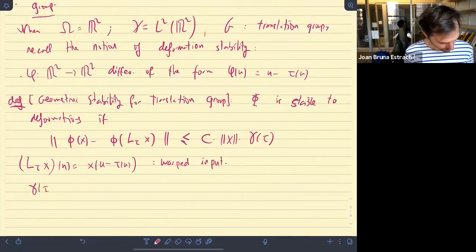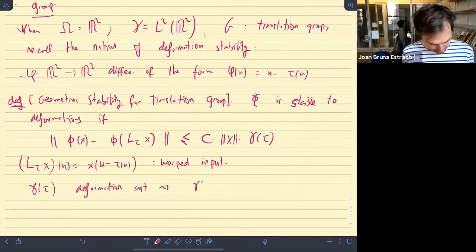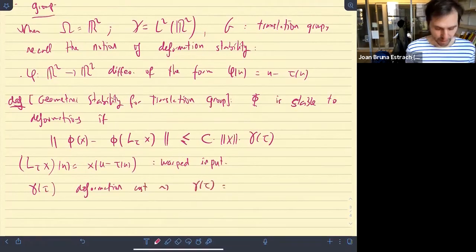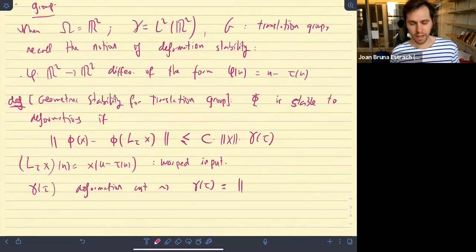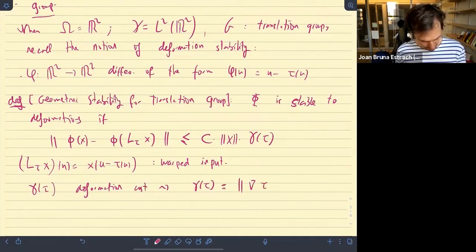And this deformation cost, we illustrated how to define it, for example, using something that looks a little bit like a Dirichlet energy, the norm of tau.